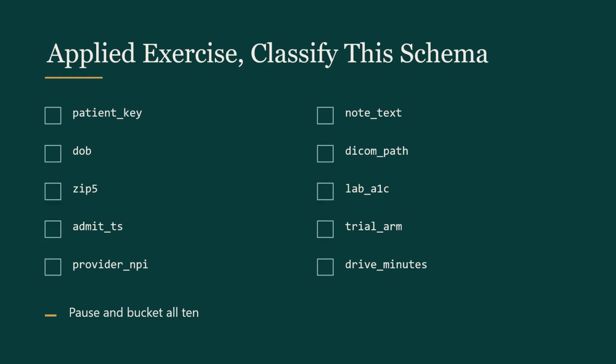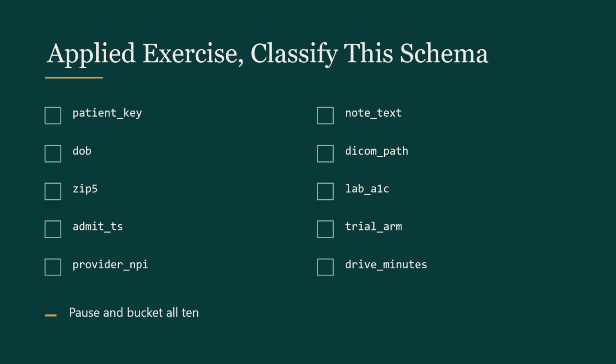Note text, free clinical narrative, unclassifiable until someone reads it, and until then, you must assume it contains every category at once. DICOM path, a file path to an image. The path itself may embed an accession number, and the file behind it carries the headers we just discussed, so it is a metadata carrier and stays unresolved until the headers are dumped.